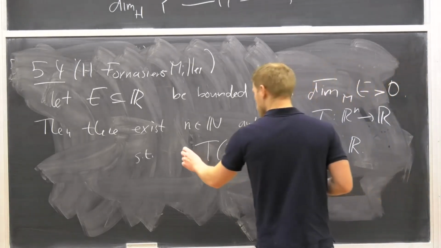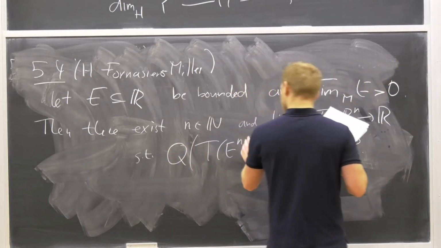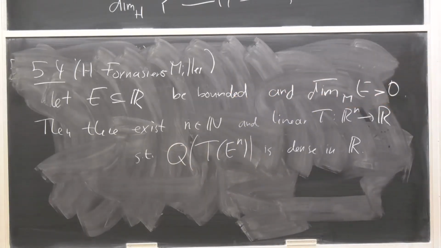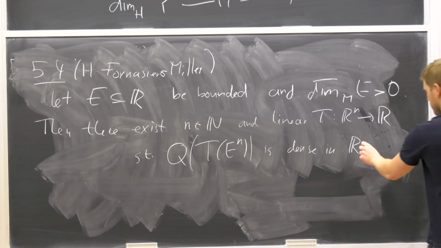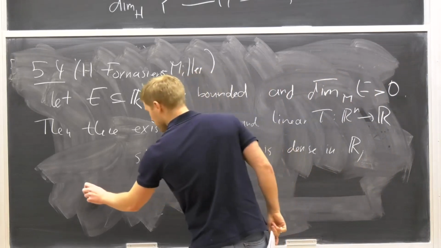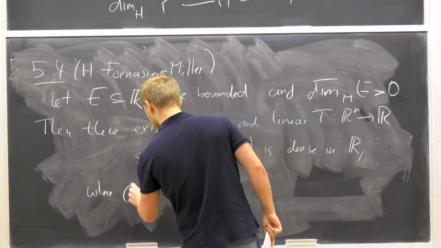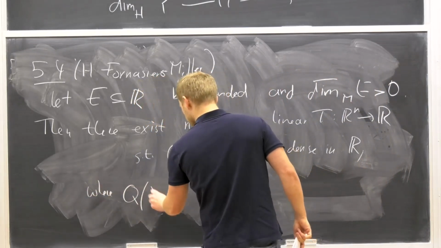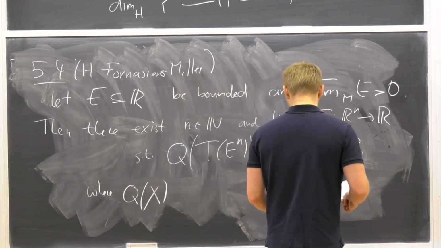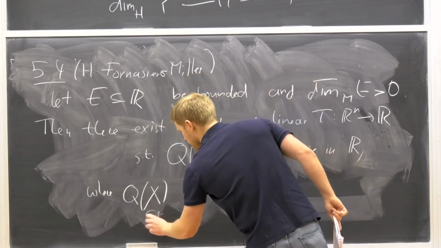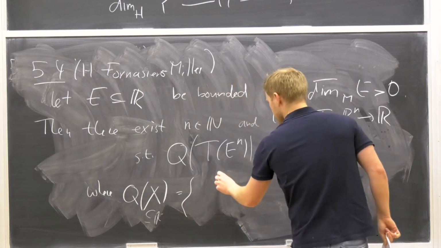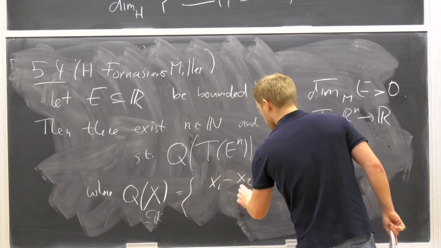So what we want to do here is apply to this T of E to the N a map Q, where Q is the following. And then the statement is true. Q of any set X, a subset of R, is really taking difference quotients.